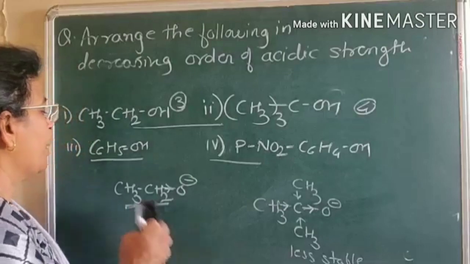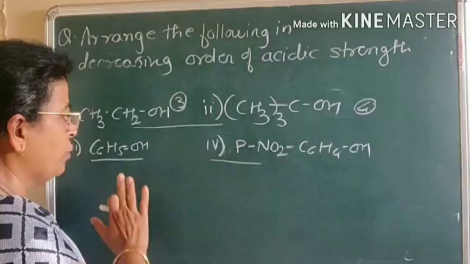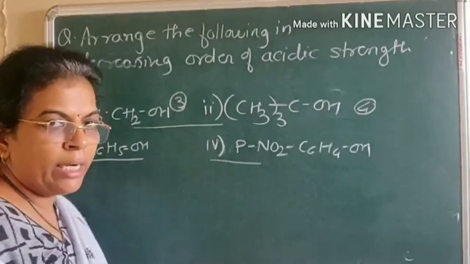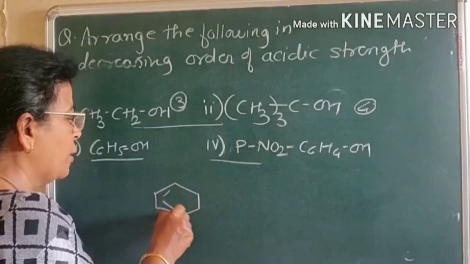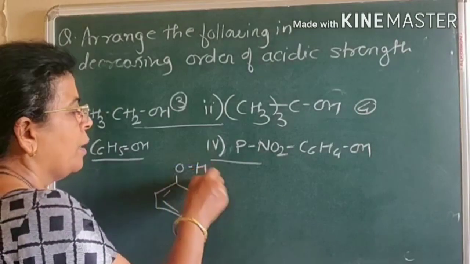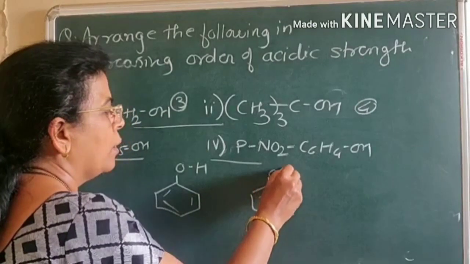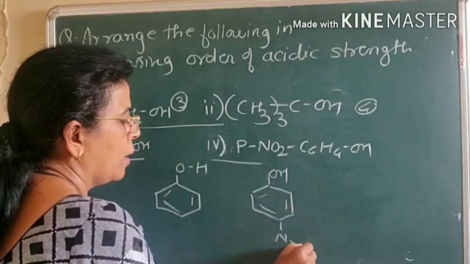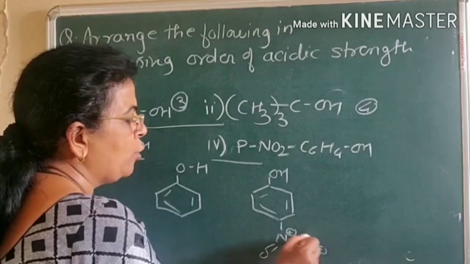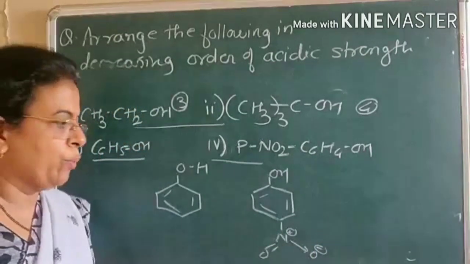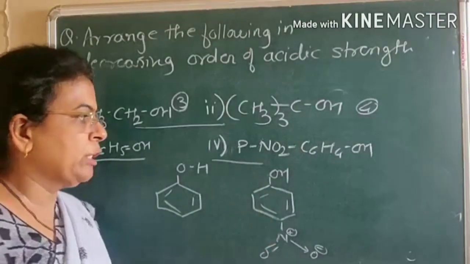Now we are going to compare the acidic strength of these two phenols. One is simple phenol and the second is para-nitrophenol. Now here this is phenol and this is para-nitrophenol. This nitro group is an electron withdrawing group, which withdraws electrons from the benzene ring by resonance effect.